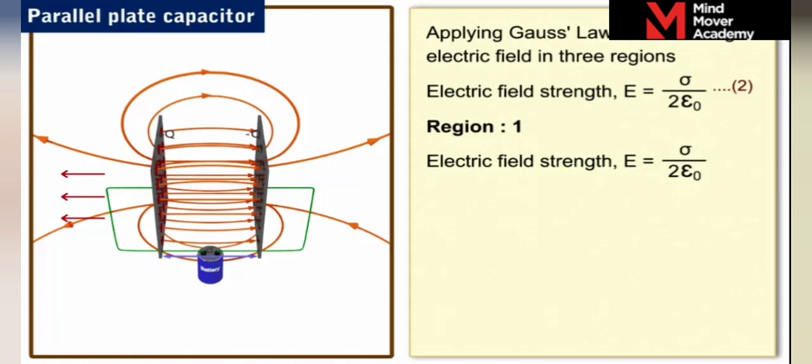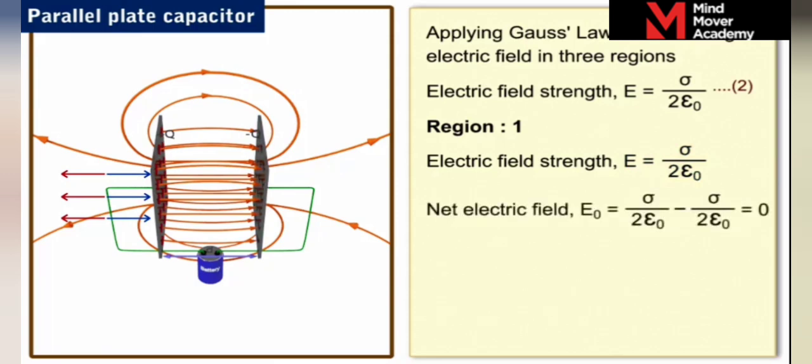We also see that due to the negative plate of the capacitor, the electric field strength E is also equal to sigma by 2 epsilon naught and directed towards the negative plate and towards the right. Hence, in region 1, the net electric field strength E naught is equal to sigma by 2 epsilon naught minus sigma by 2 epsilon naught, which is equal to 0, since the two electric fields are oppositely directed.